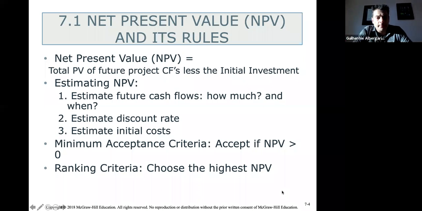So number two here, the discount rate, is the opportunity cost. And number three is the initial cost. So what is the discount rate? It is the risk assessment, and it has everything to do with the idea of present value. If I say I'm giving you $100, would you prefer if I give you the $100 today or in 5 years?